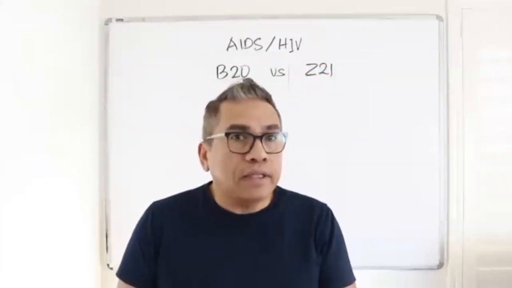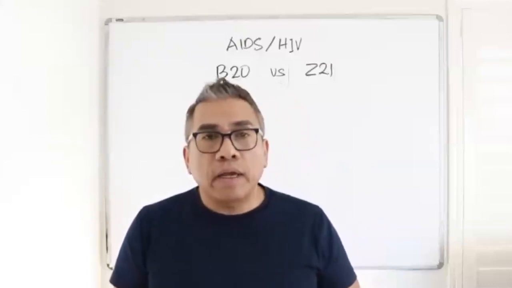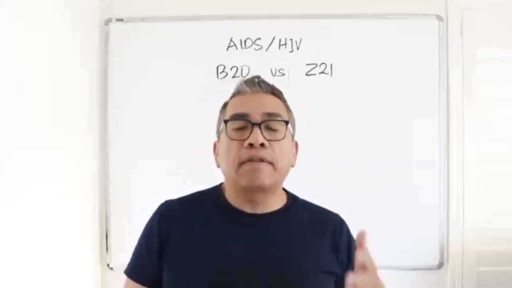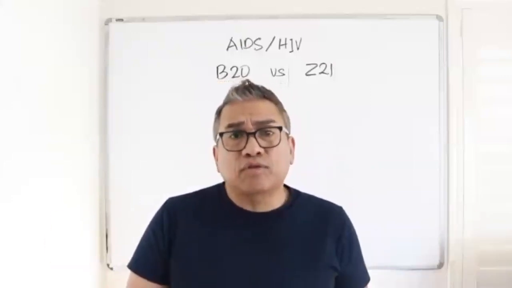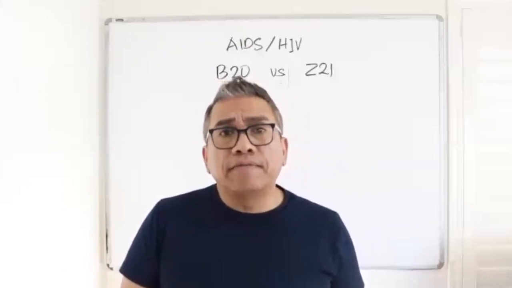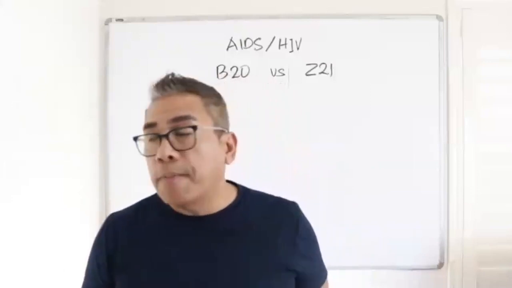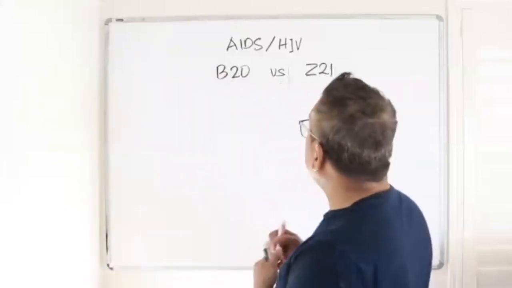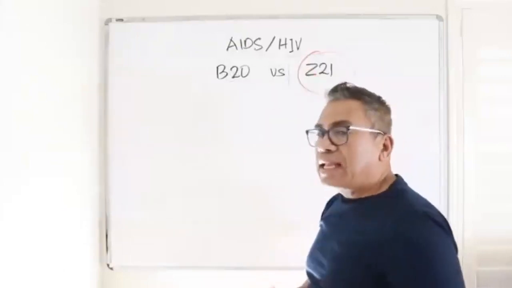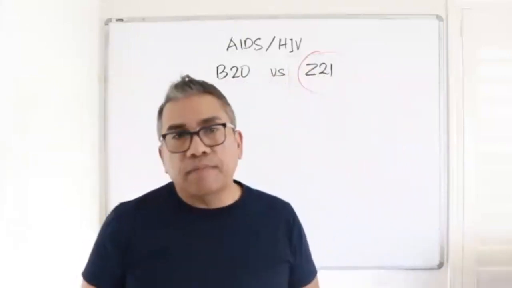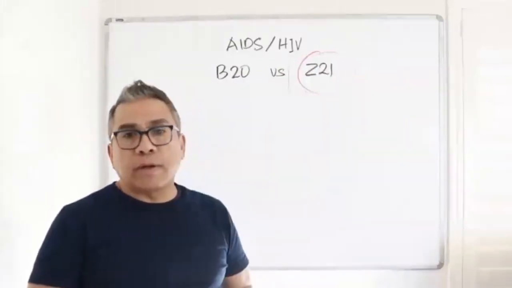But seeing this very well-known person going around without any signs of the virus being active, because this person is strong as a bull, right? Very, very healthy-looking guy. So the code that applies to a person who is HIV positive but does not have any sign or symptom of the virus being active is Z21.